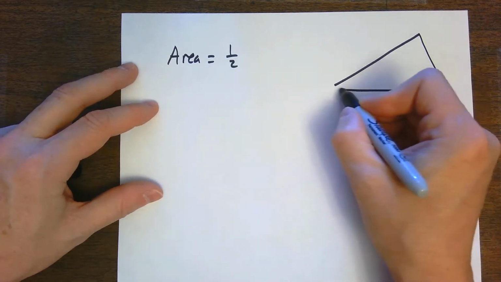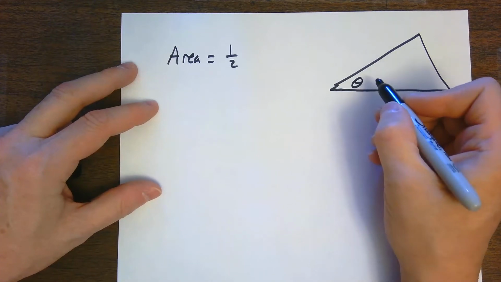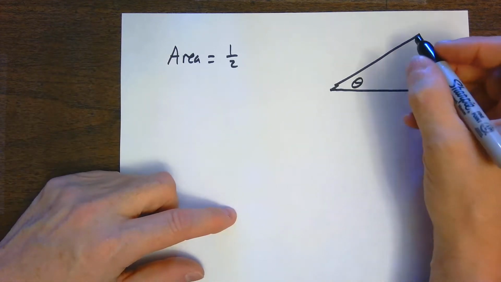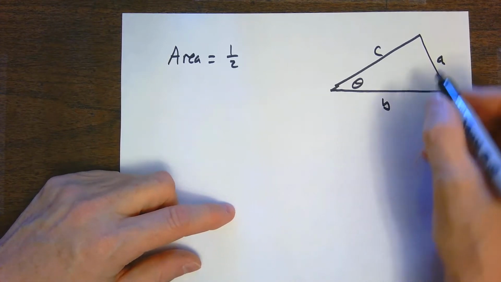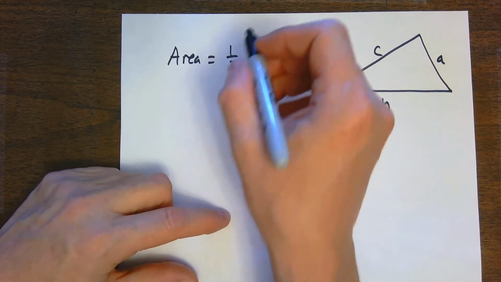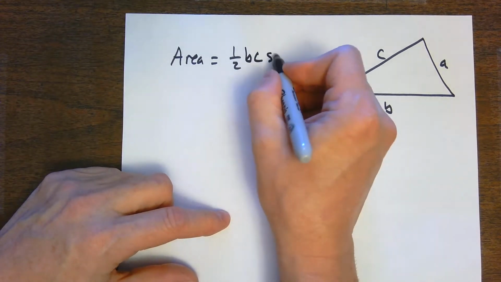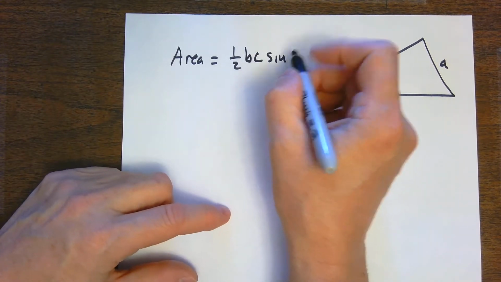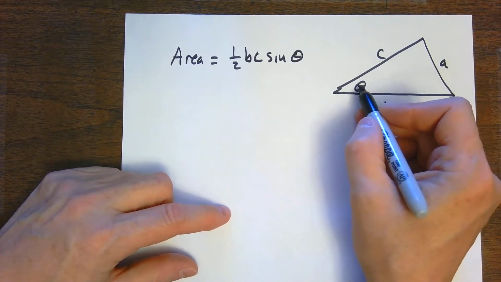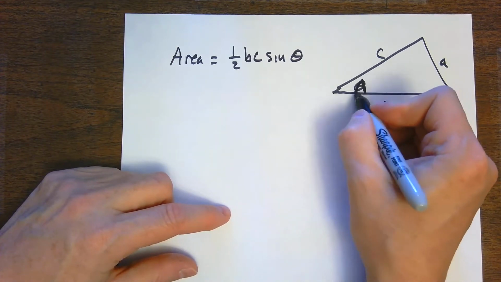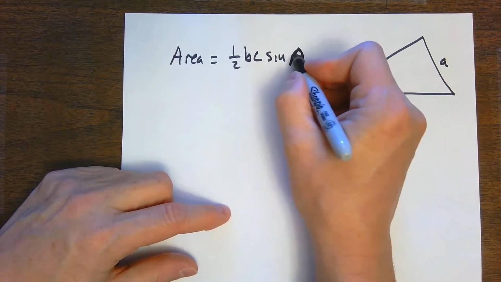Here's my angle theta, here's my side lengths c and a and b. 1/2 of b c sine of the angle across from a. I should have written that as A. That's angle A.